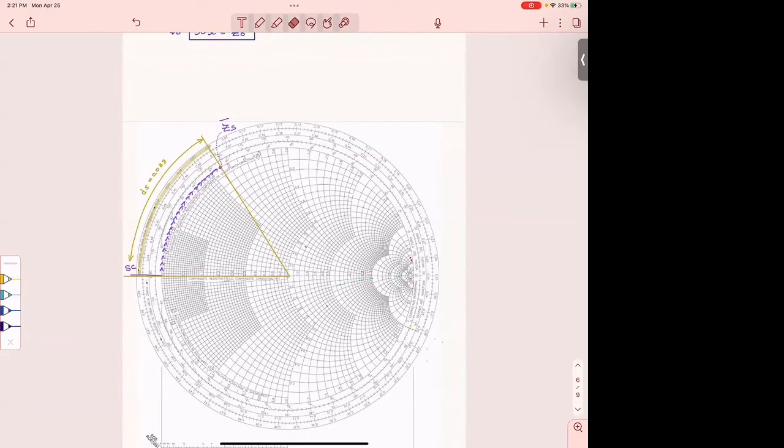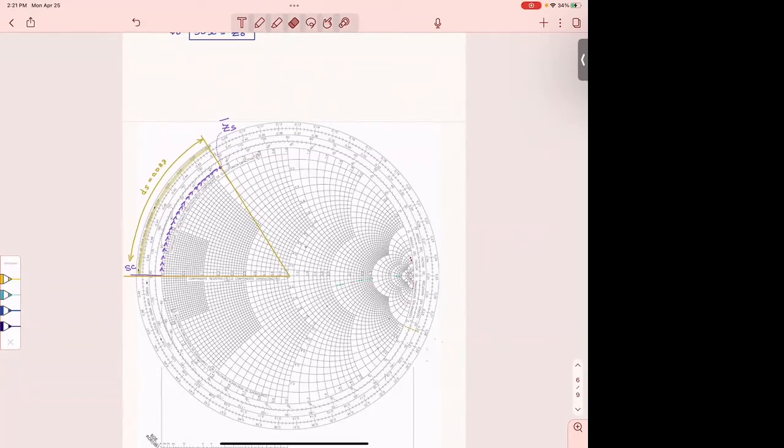So then we will move from here along the outer ring until we find this impedance. We'll do the same thing: connect the center of the Smith chart to this point that is 0 and extend it, and measure how much the distance is between the two. Here it happens to be 0, that's where the Smith chart starts.